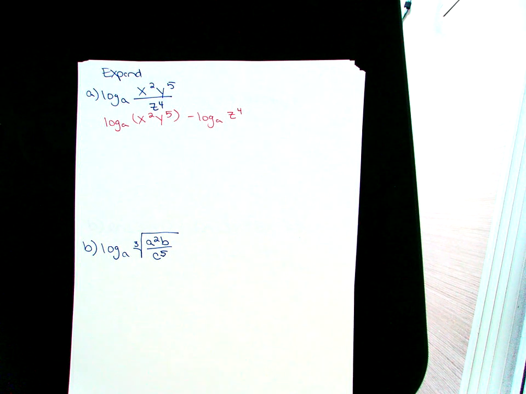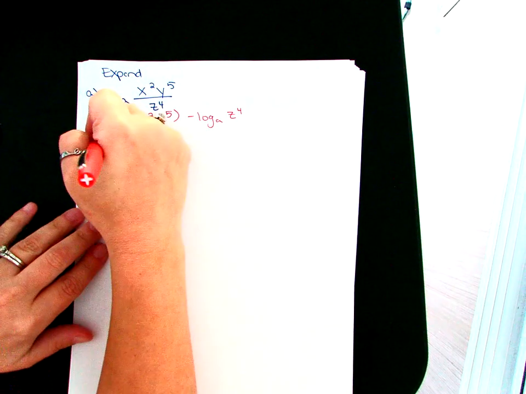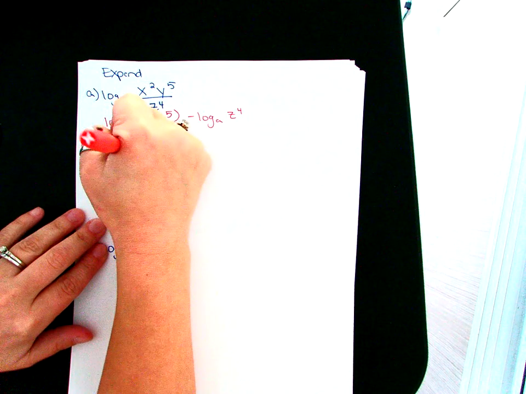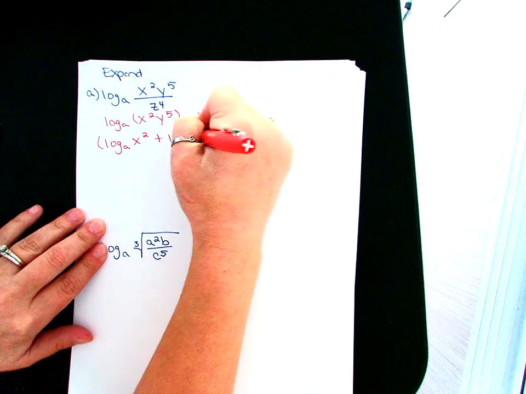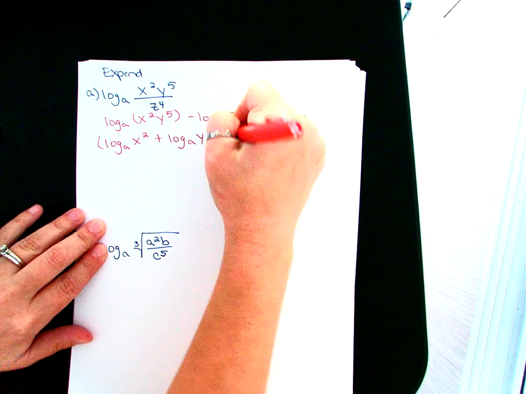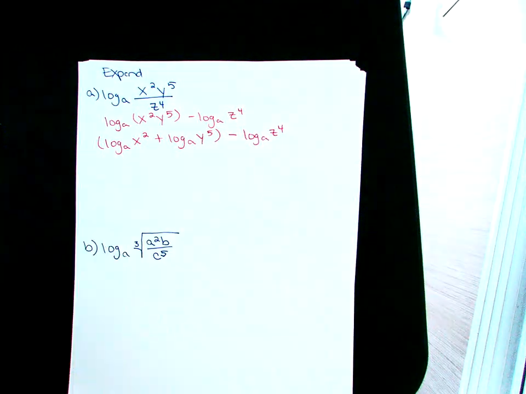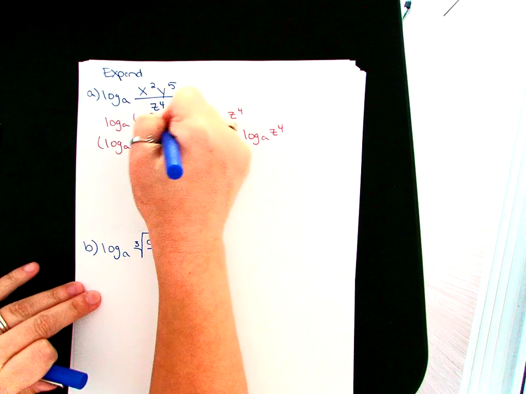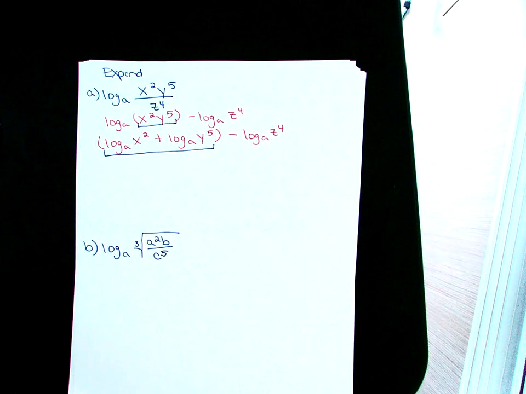All right, that's a product rule. So I can expand this further. I can expand it so that I have log base A of x squared plus log base A of y to the 5th minus log base A of z to the 4th. So all of this got expanded into all of this using my product rule.